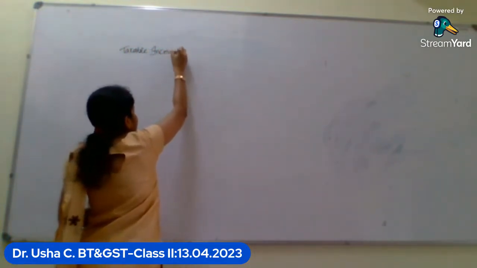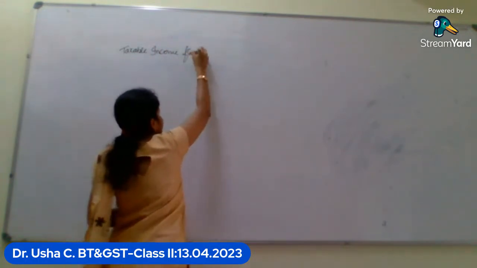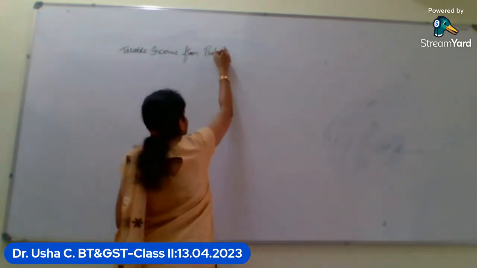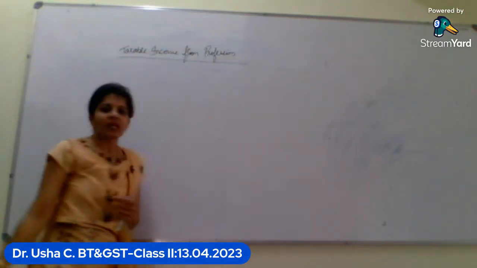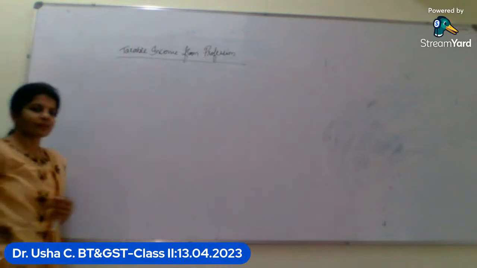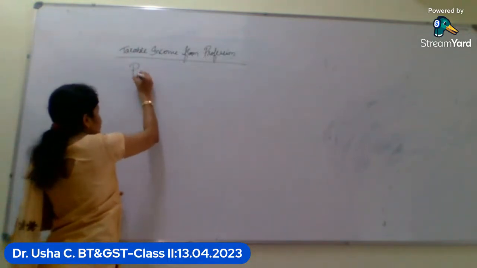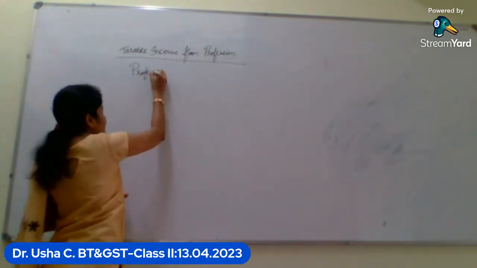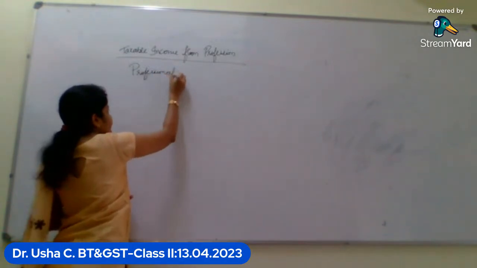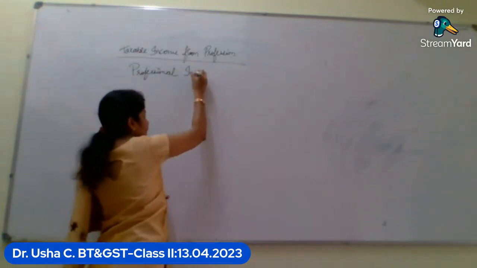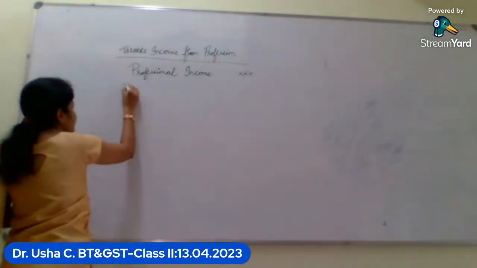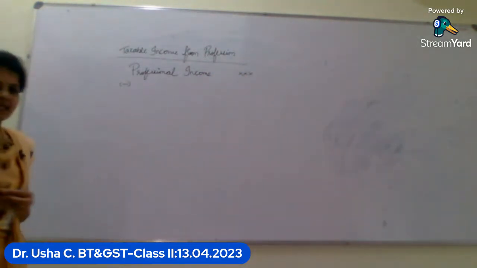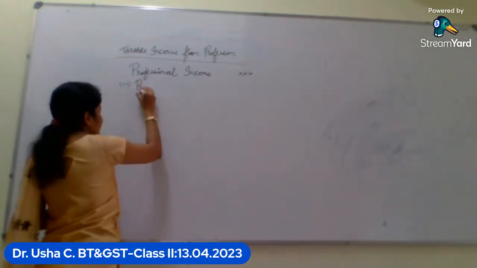For taxable income from profession, the format is professional income minus professional expenditure.